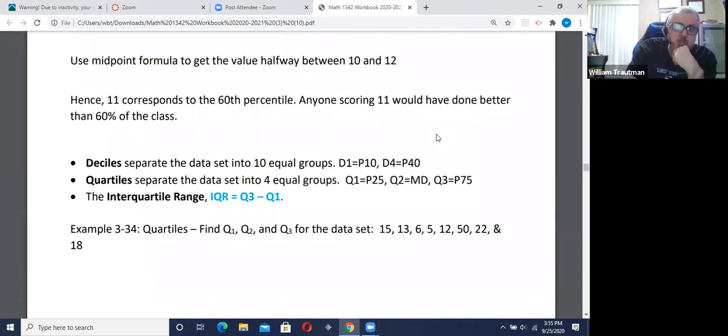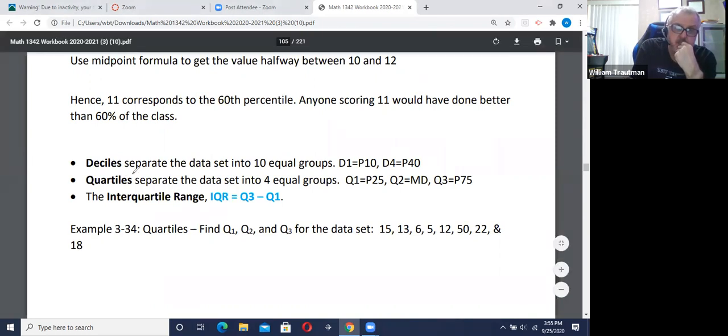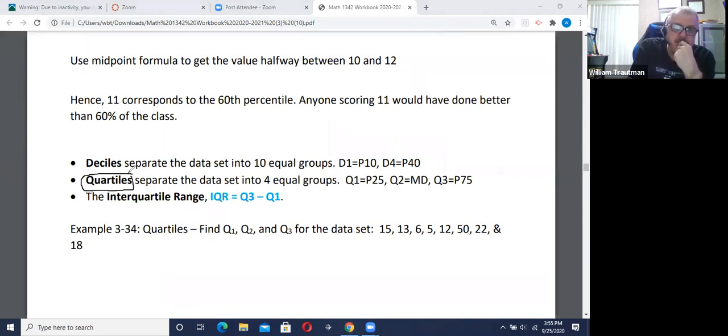We're going to talk about quartiles. Quartiles, quarters, broken into 4 parts. There's Q1, Q2, Q3. When we have this, things are broken into 4 parts.